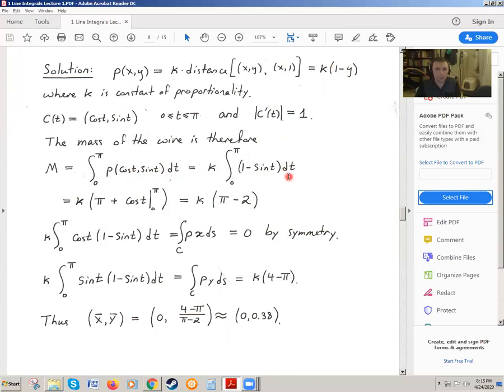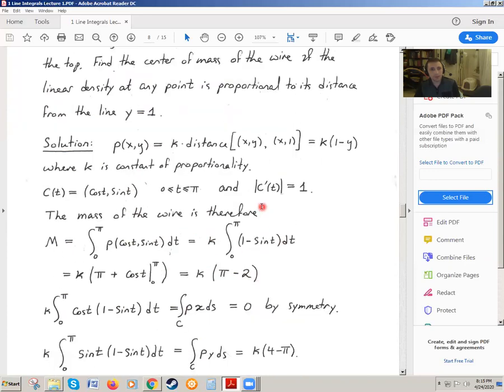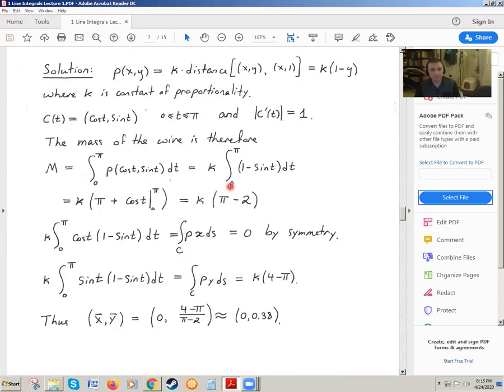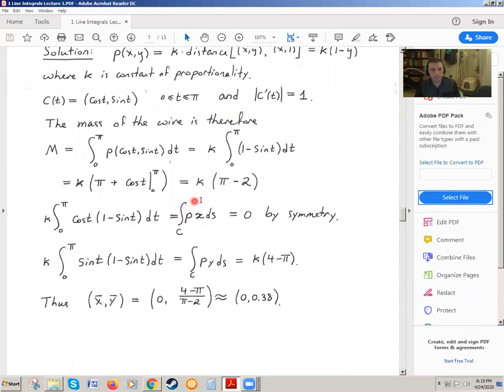Now I want to calculate the integral over the curve of x times the density function. So what is that? This is k times cosine t times 1 minus sine t.